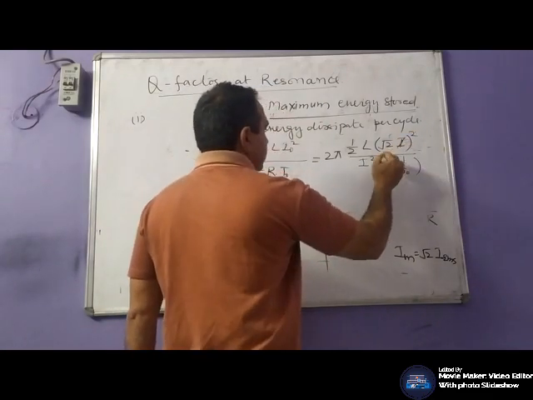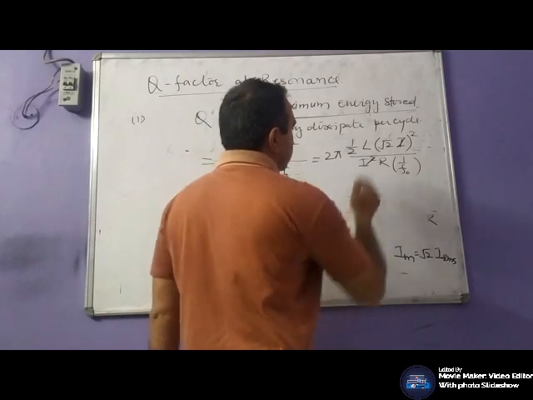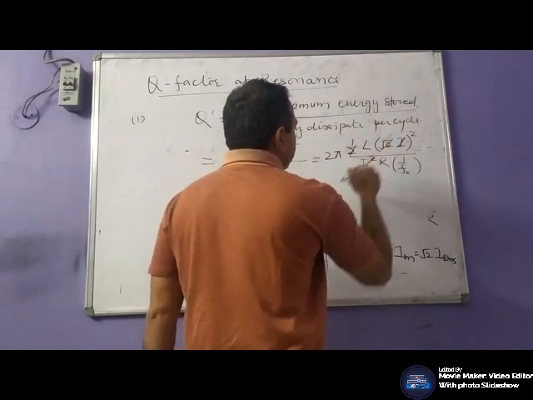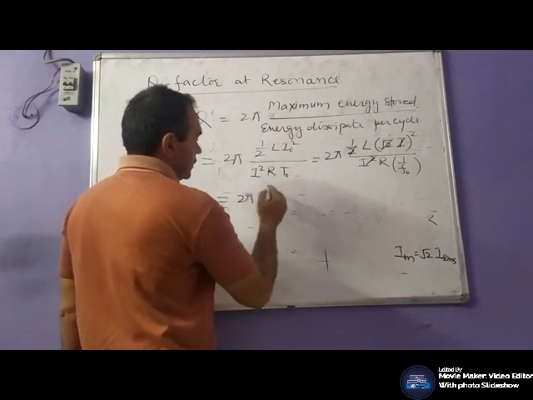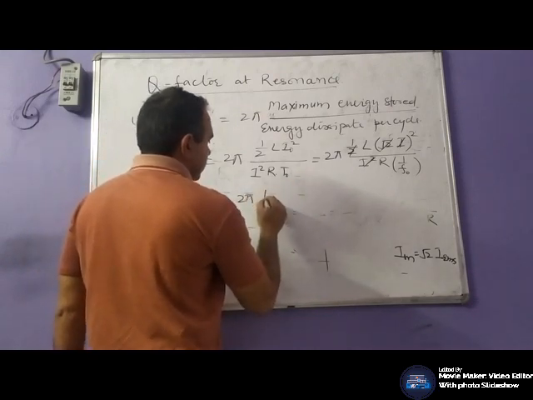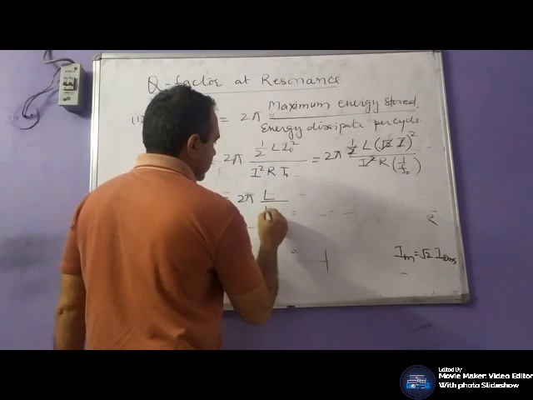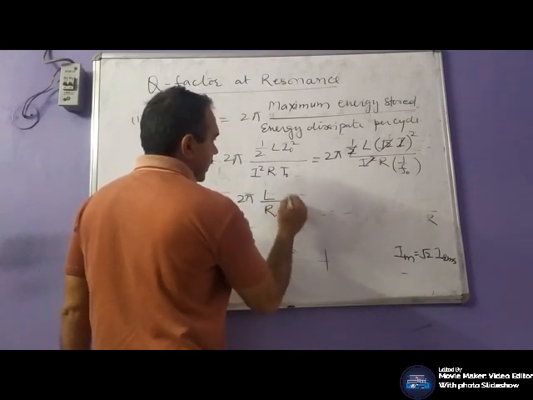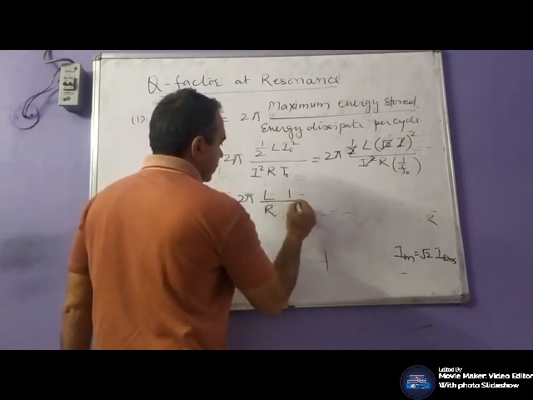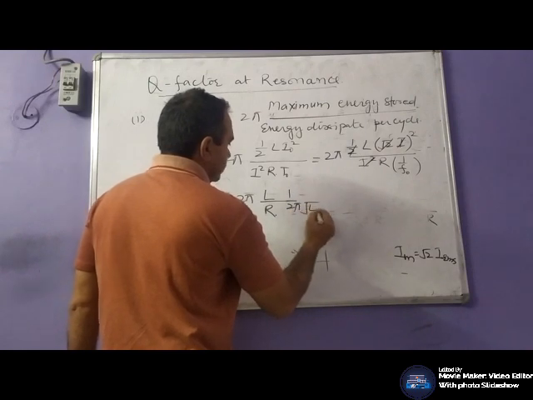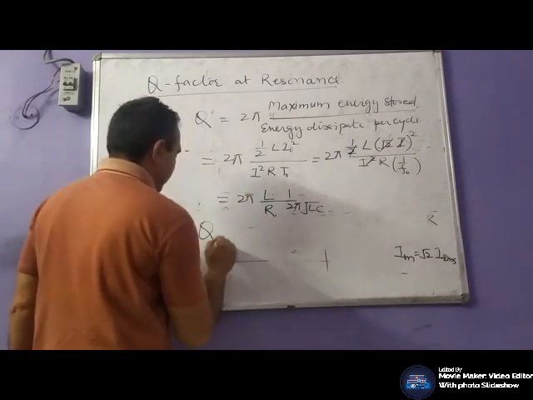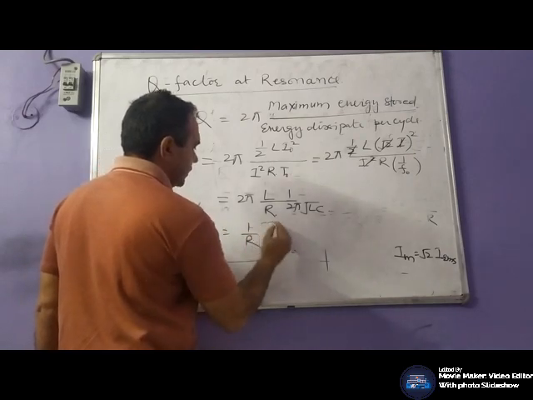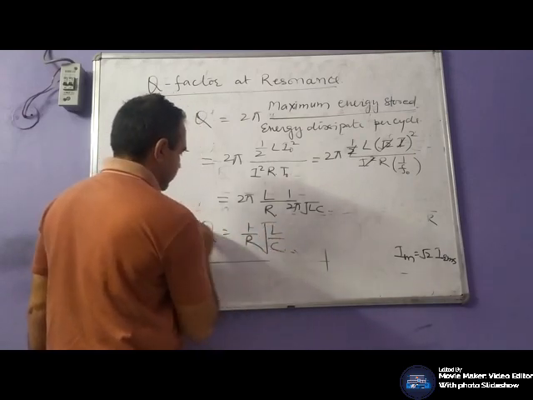So this one is cancelled. You have to cancel. You will have 2 pi L by R, F naught, 1 by 2 pi root LC. So you will have quality factor 1 by R root L by C.